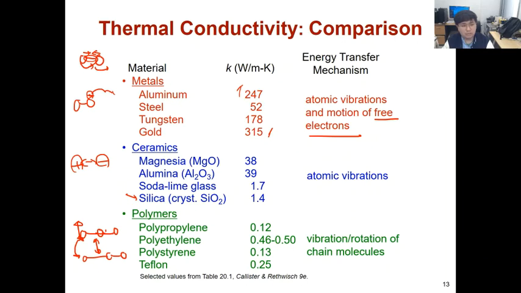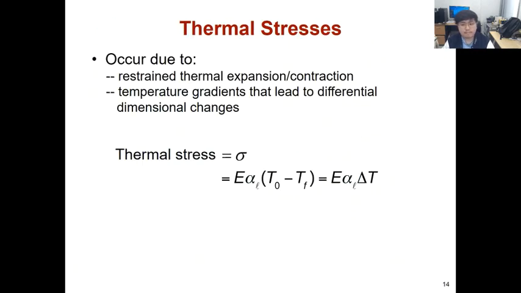Due to adding these free electrons, the energy state is strongly increased and the vibration motion can be enhanced. But in the ceramic state, the electrons are always localized in the covalent bond system. So for those reasons, metal, ceramic, and polymer show different characteristics from the thermal conductivity point of view.